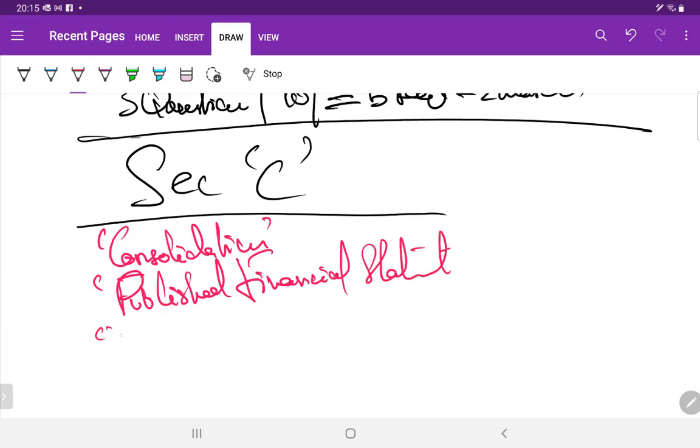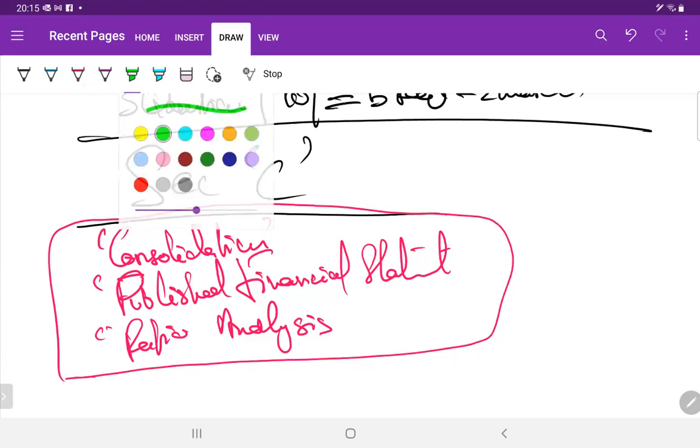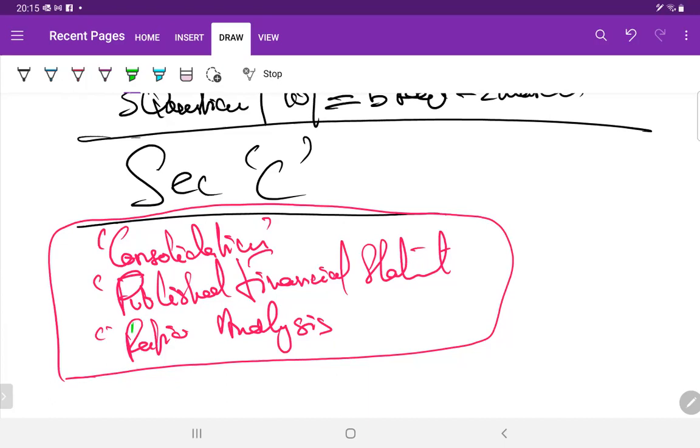You will get ratio analysis on it. Now you might be wondering that there are only 2 questions in this section, but I'm giving the names of 3. Well, the examiner can make a combo of ratios or published financial statements and can give you consolidation separately, or he can make a combo of consolidation and ratios and can give you the published financial statement question.